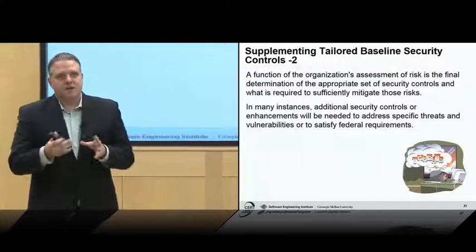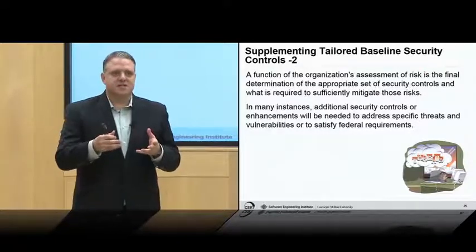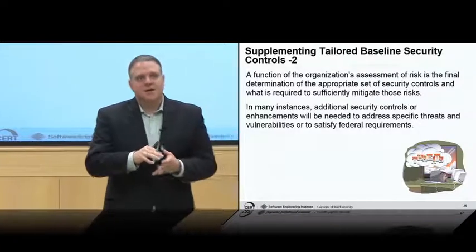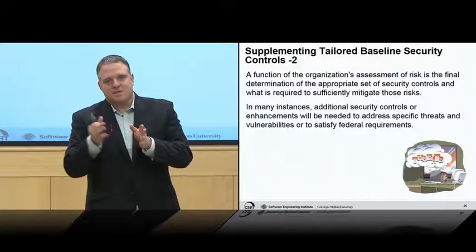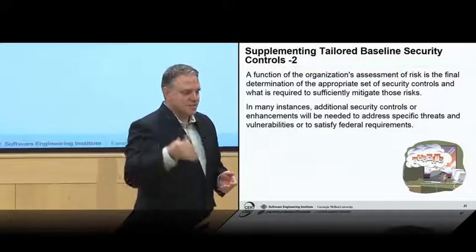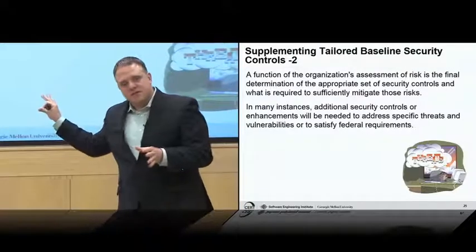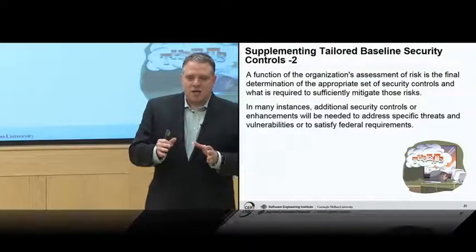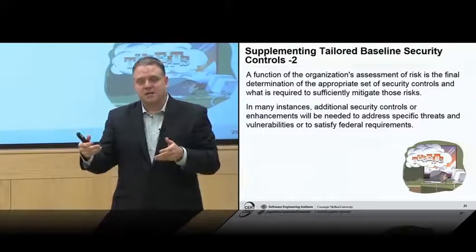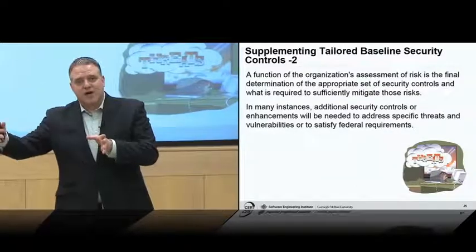Here, the final determination of risk is really based on the security controls that you're implementing and making sure that you're sufficiently managing that risk. And really, the security controls are designed to do that. You might find that you can get away with just the baseline. You might find that you can get away with just specific controls, not the entire baseline. Or you may find that you need the baseline plus a few extra controls.